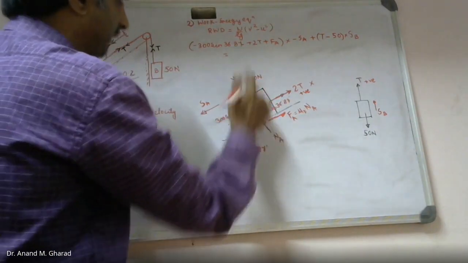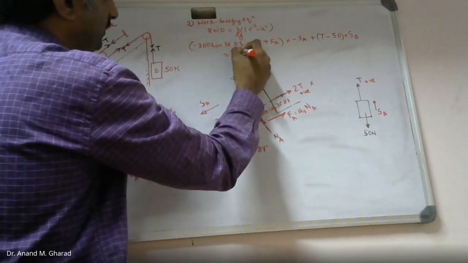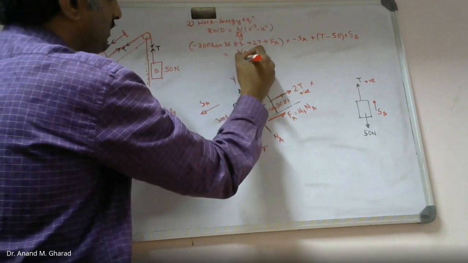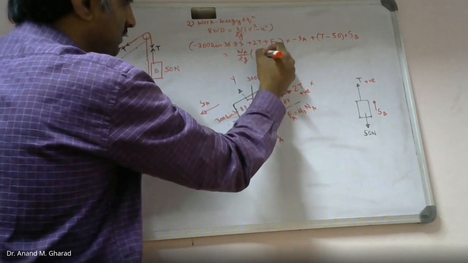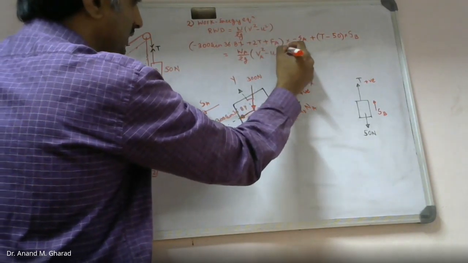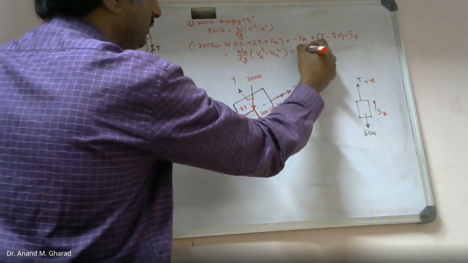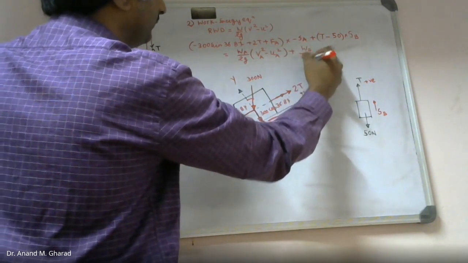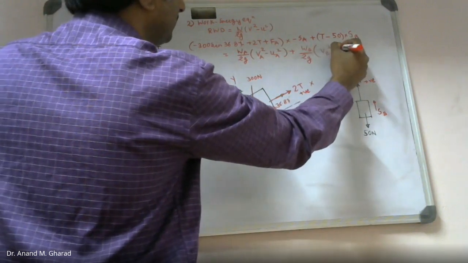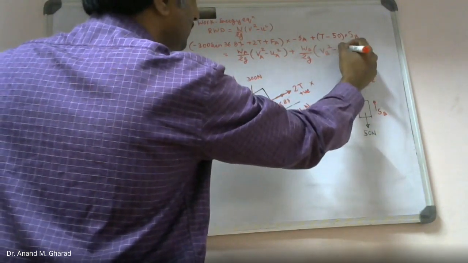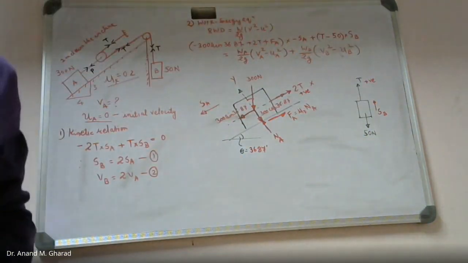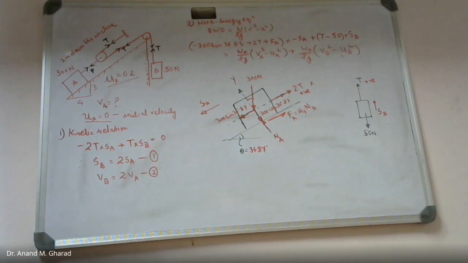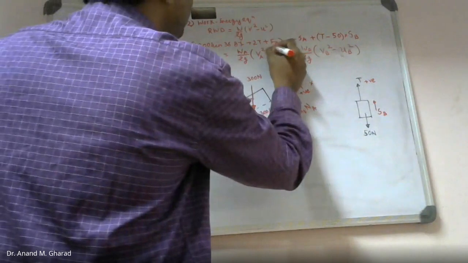So for block A, it will be weight A divided by 2G, final velocity VA square minus initial velocity UA square, plus WB by 2G, final velocity minus initial velocity of block B square. Okay, is this okay? Next step is to identify this FA.